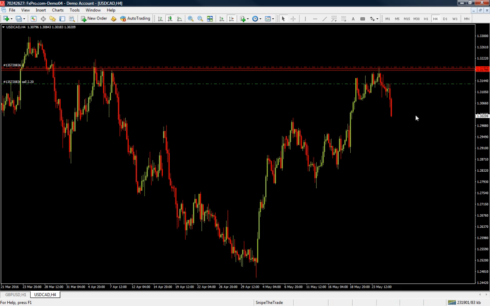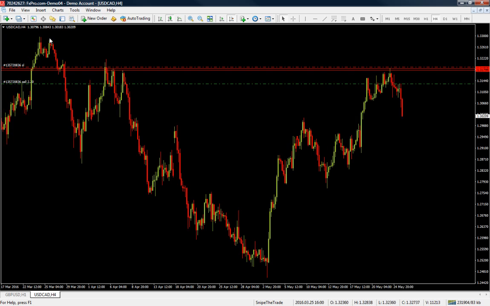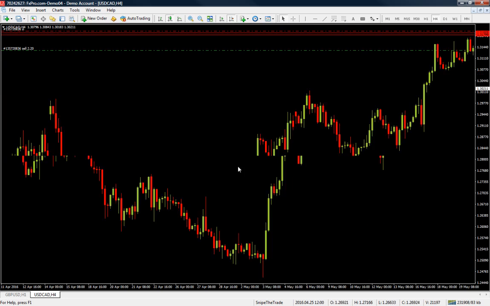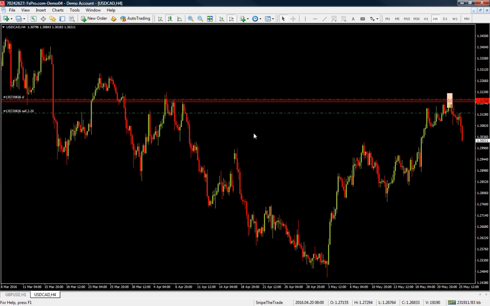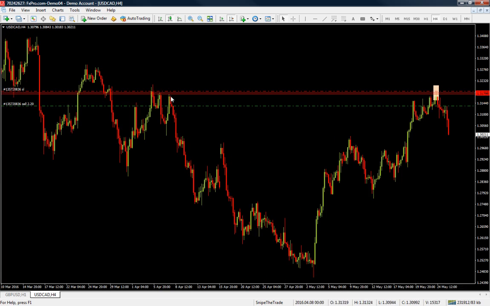The reason is that, not only will we be making a new high, but we also have rejected this zone with the previous candle. You can see this bullish rejection candle at the top of the move. And if we break this area, then we would be breaking a very strong area that has been tested twice already.